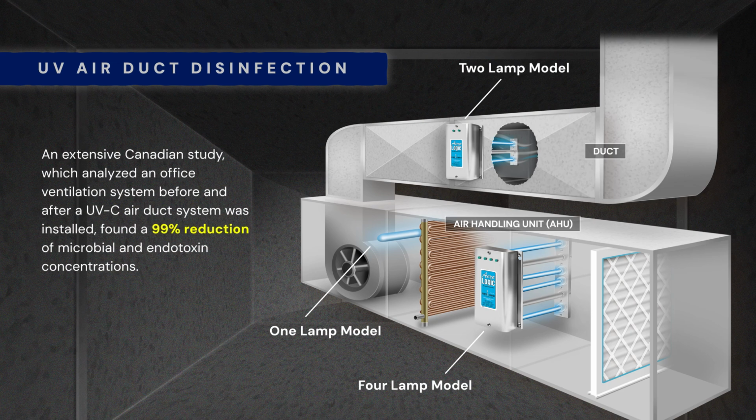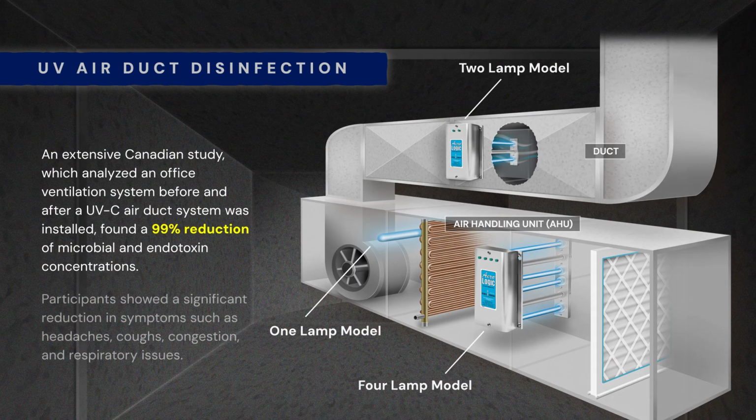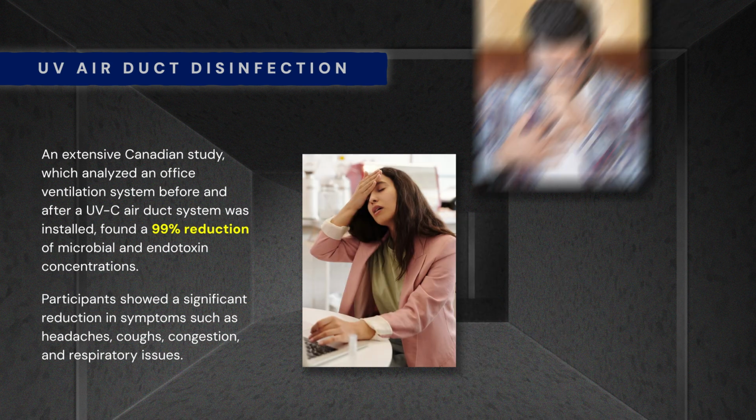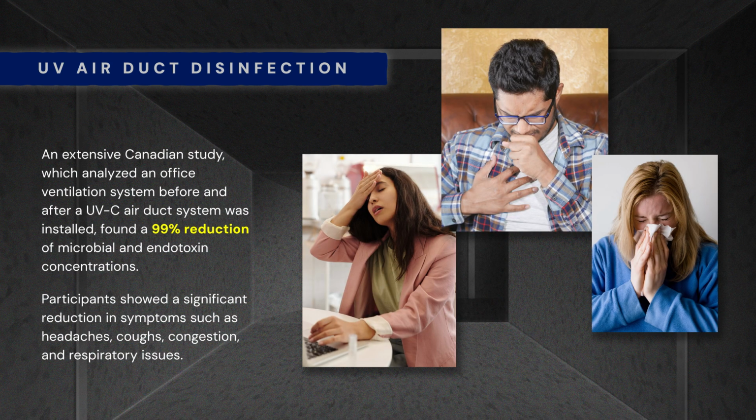An extensive Canadian study, which analyzed an office ventilation system before and after a UVC air duct system was installed, found a 99% reduction of microbial and endotoxin concentrations. Participants showed a significant reduction in symptoms such as headaches, coughs, congestion, and respiratory issues.